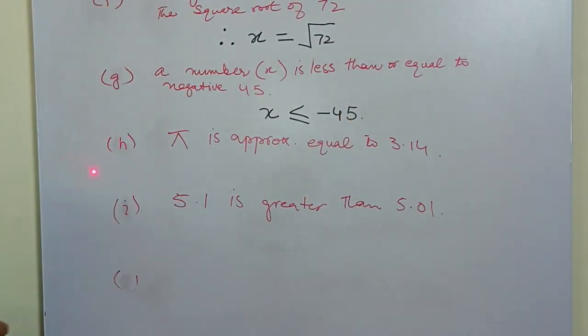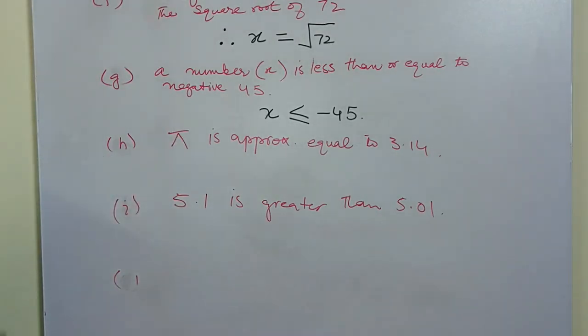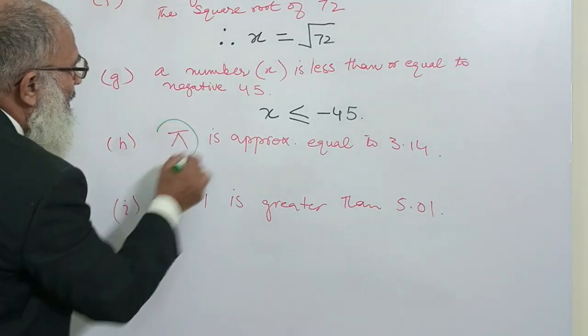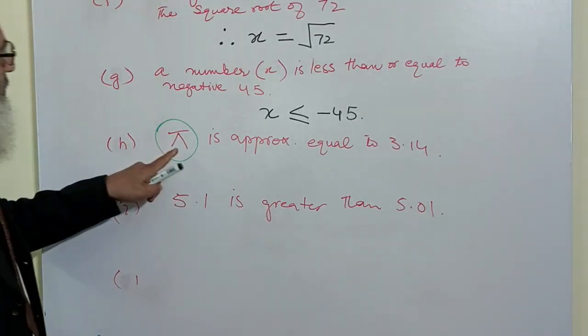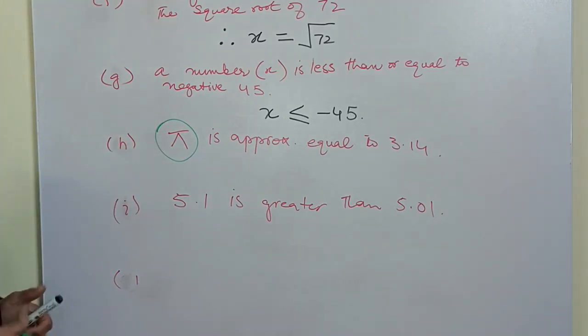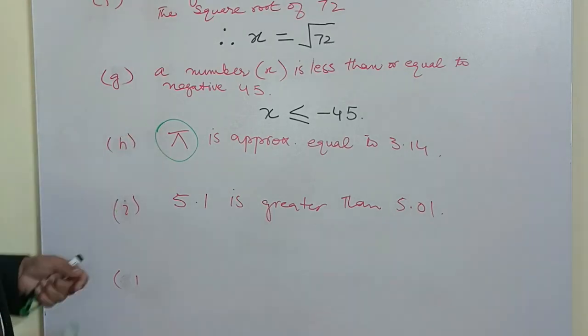Then comes part H. Pi is approximately equal to 3.14. Well, students, here you have a new symbol, and this is pi. I'll tell you what pi is, but so far you just remember that this is a constant.